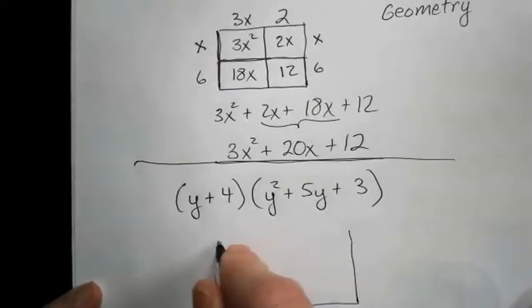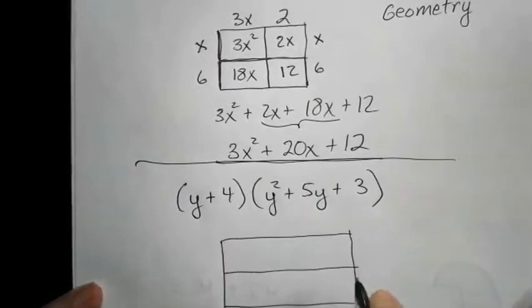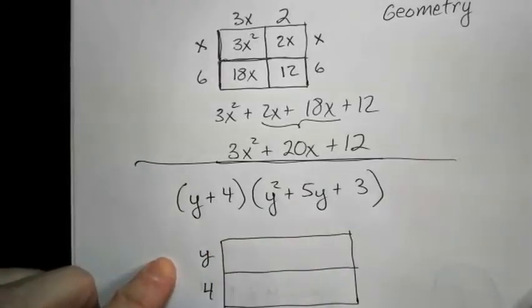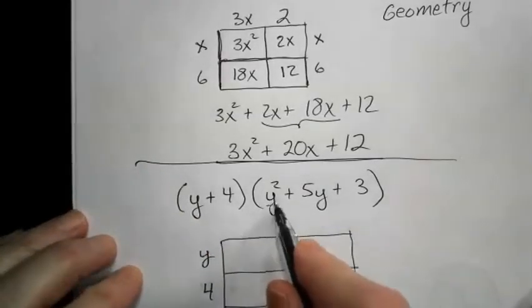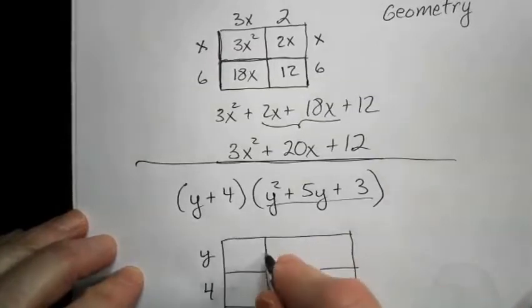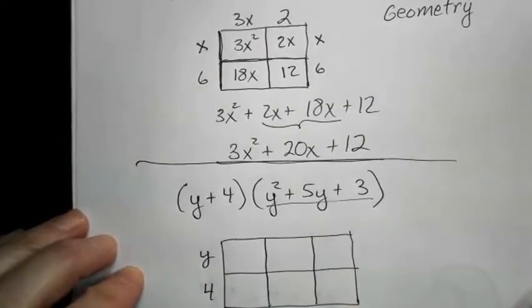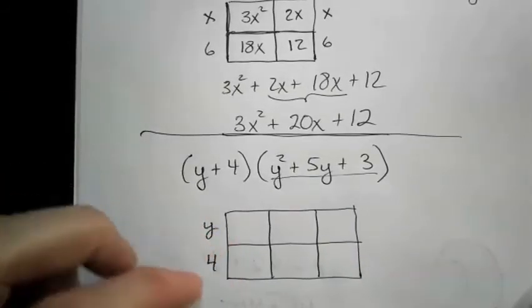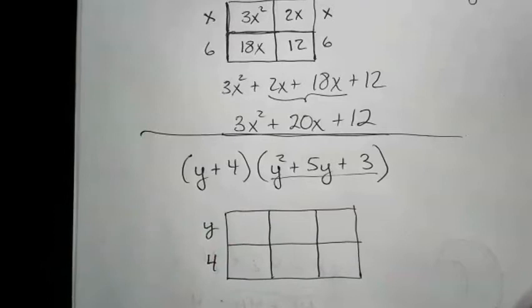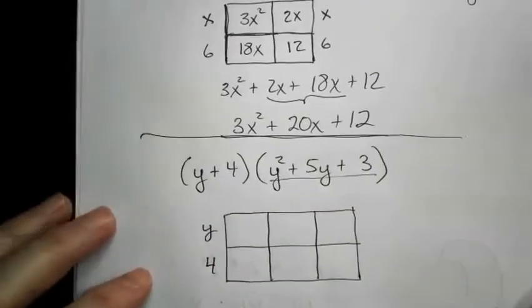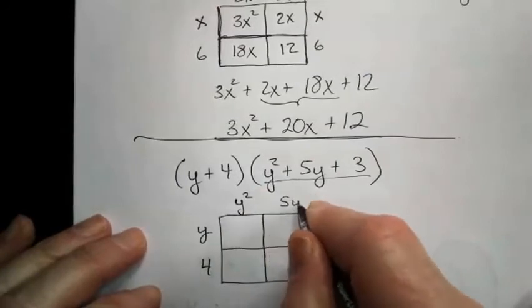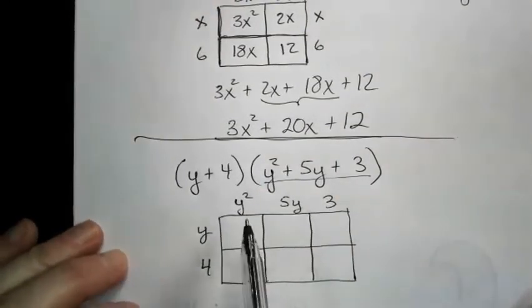So the y plus 4 will be my width. So I'll make this y and this 4. And then the trinomial will be my length. So I'll split that up into 3 parts. And notice I don't care how long these actually are. It doesn't need to be drawn to scale. It's the positioning of the terms that you just have to get right. Okay, so y squared, 5y, and 3, that's the length.